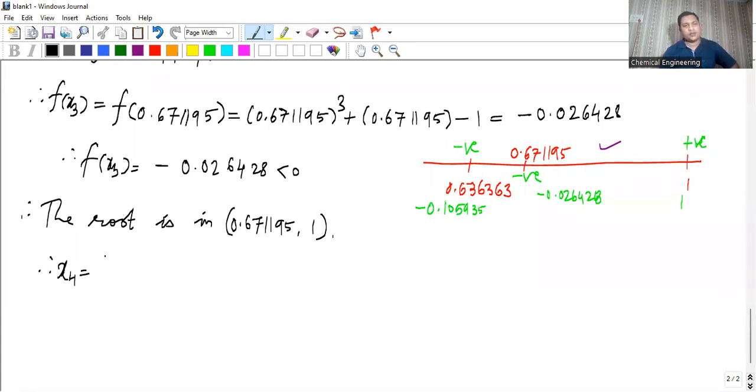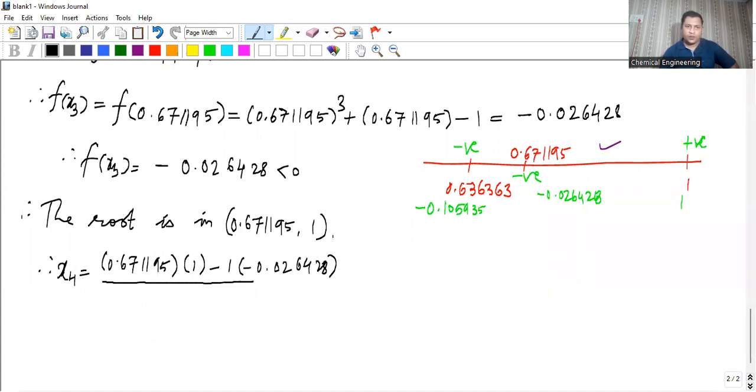So what is the next iteration we'll be having? This is 0.671195 into 1 minus 1 into minus 0.026428, upon 1 minus minus 0.026428. Calculate this value.